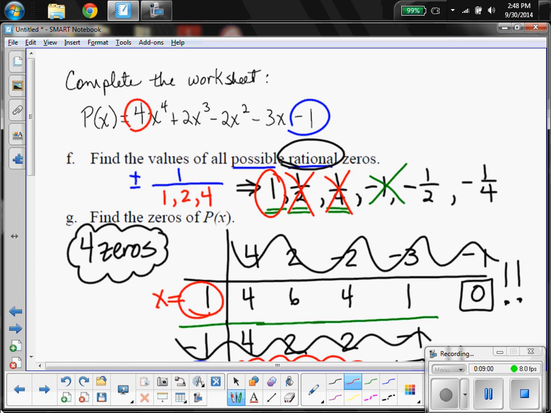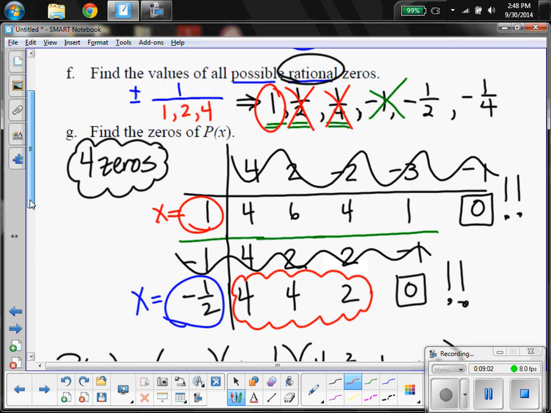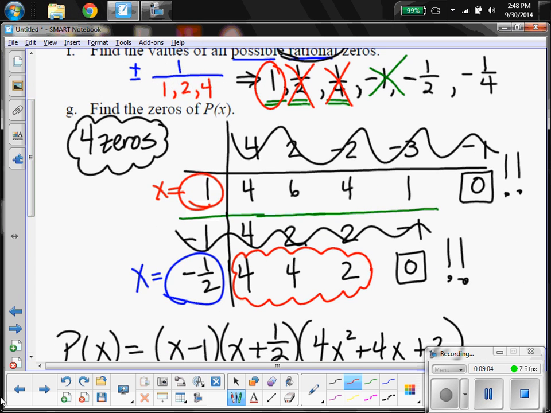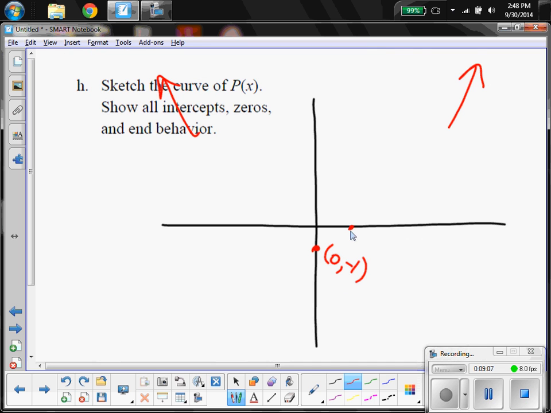And then part G, I got that it crosses the x-axis at 1, and at negative 1/2. And that's it, because the other two zeros were imaginary. And so for this to happen, my function would look something like this.